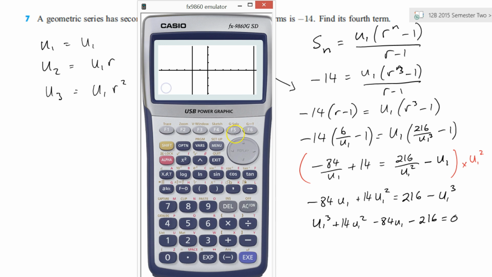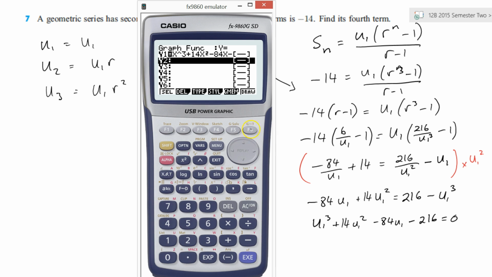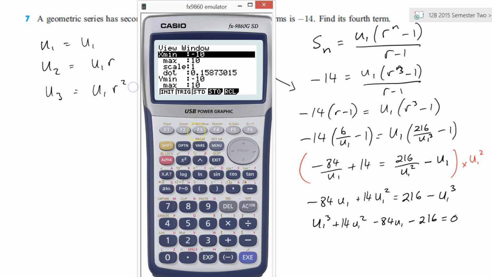And if we draw that, well, we can see the two intercepts. There will be 3 intercepts, but we can see 2 of them. If we go ahead and zoom out a little bit, so let's just change our viewing window. I'm going to make it the standard one, see if that helps me at all. Usually it will. Okay, well it hasn't, so let's just view window. We can zoom right out if we want to.